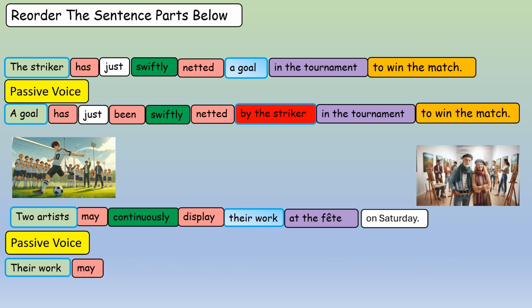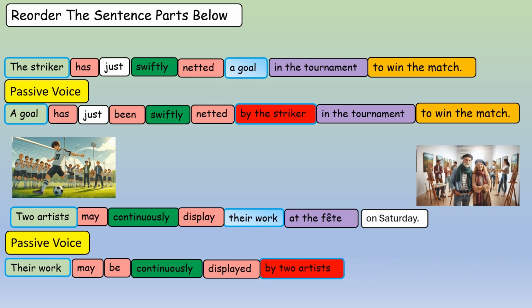We start with the object of the active sentence. It's now the subject of the passive sentence. Their work may be continuously displayed. There's our past participle, and before that we have our adverb of manner. By two artists, that is our agent, at the fete on Saturday. And that wraps up this part of the exercise.